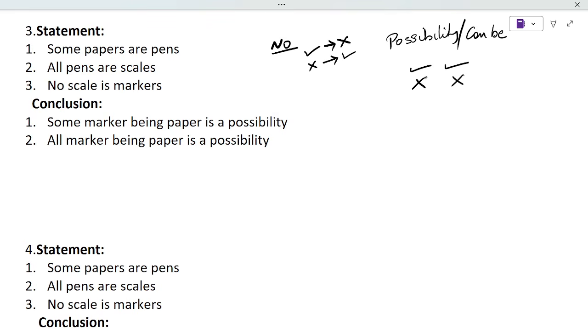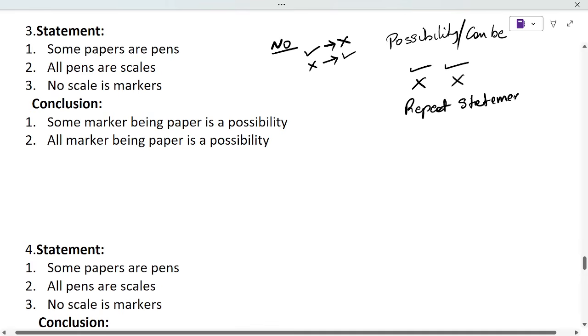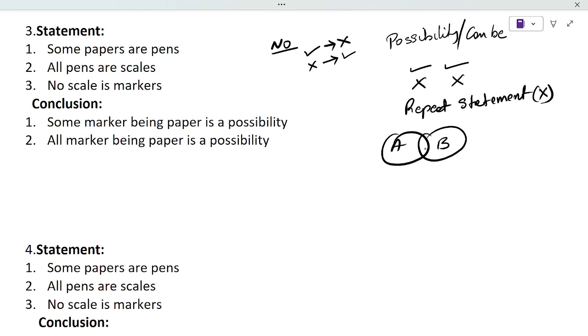So true is true, false is false, but again remember one thing: repetition from the statement will always be false. If the statement says some A are B, the conclusion says some B are A.